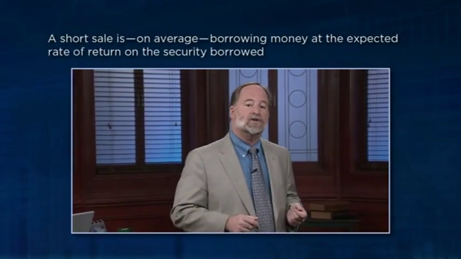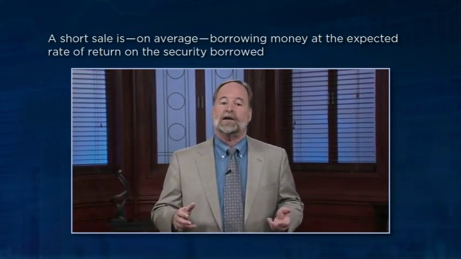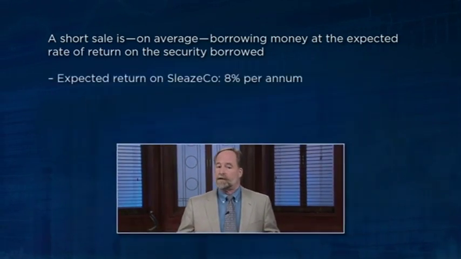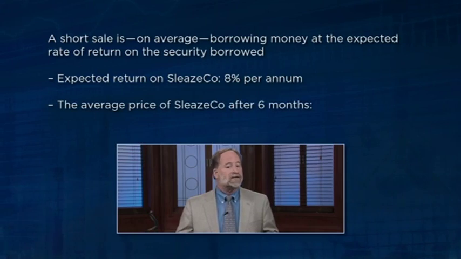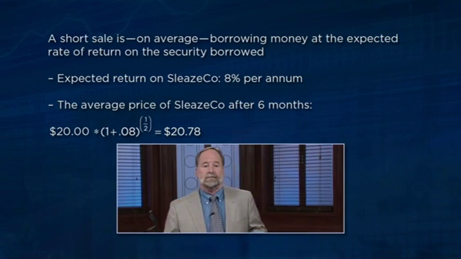The way to think about a short sale is that on average, you are borrowing money at the expected return for that security that you borrowed. For example, if the expected return on Sleesco was 8% per annum, then on average, the price of Sleesco would have risen at that rate for 6 months, from say $20 to $20 times 1.08 raised to the half power, that's $20.78.